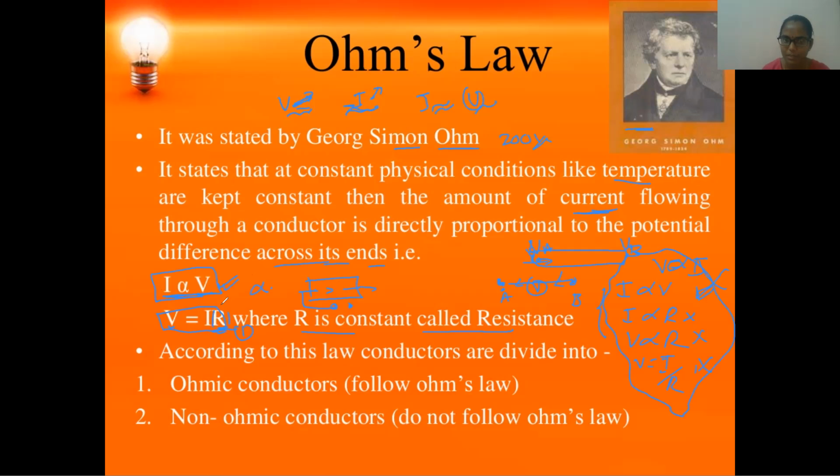Because R is a constant for that material, it does not depend upon how much voltage you increase or how much current you provide, right, children? That is why R will be constant for that material, and that is why we cannot write V is proportional to R. I hope this is clear.